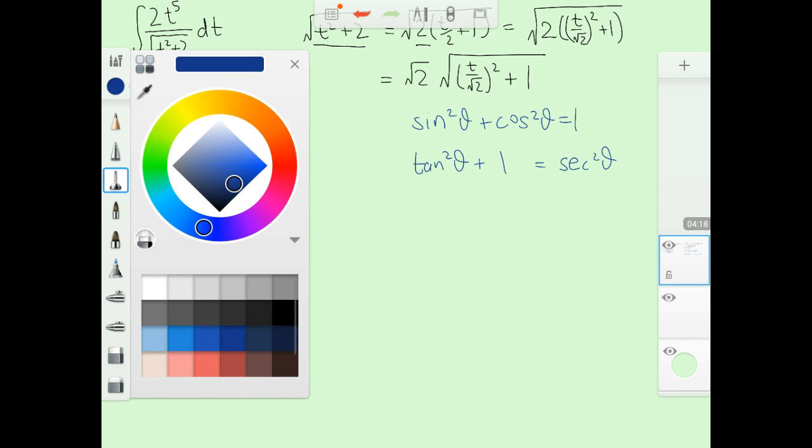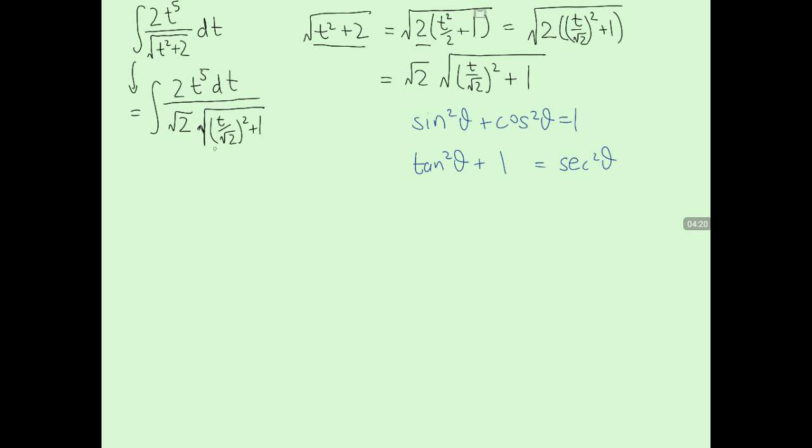So if we take a look at what we have under here, we have this thing squared plus 1. Well, the expression most similar to that is this right over here. We have this thing squared, tan squared, plus 1.